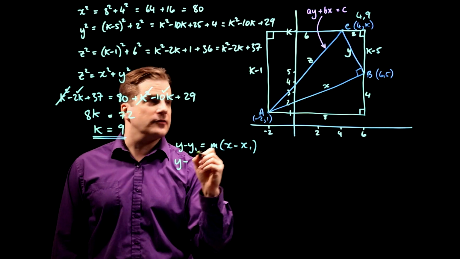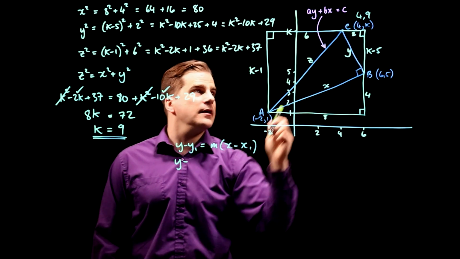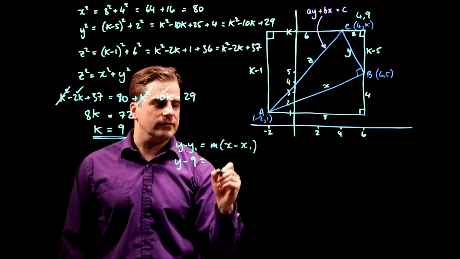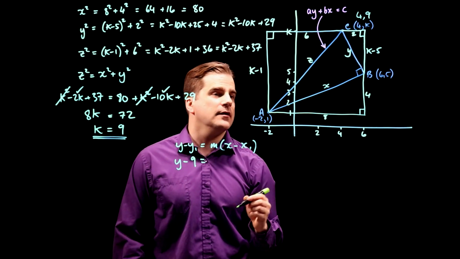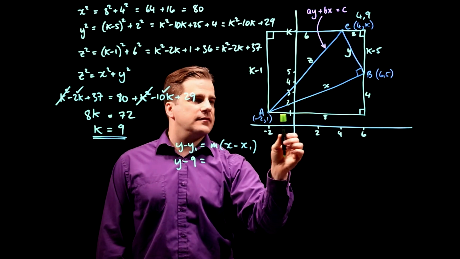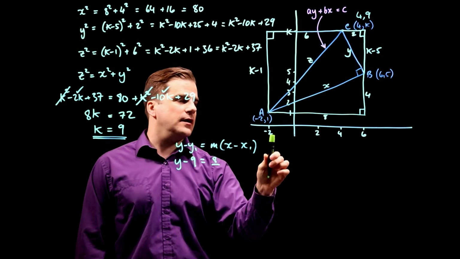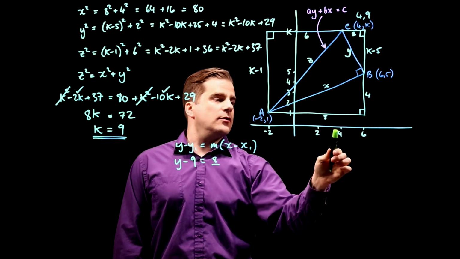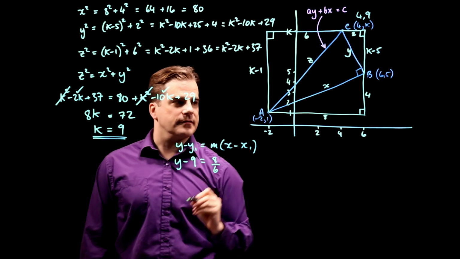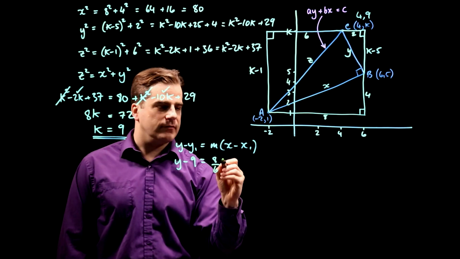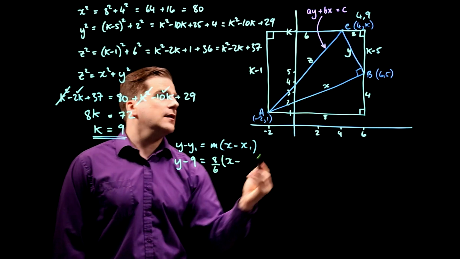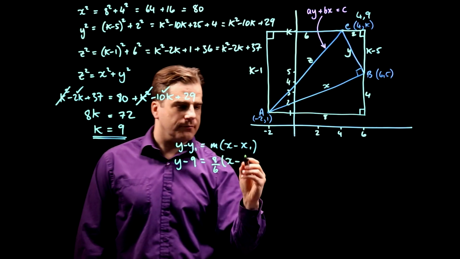So y minus y1 is 9. What's the gradient of this line? Rise over run. The rise is from 1 to 9, which is 8. And the run is from minus 2 to 4, so that's 6. So that's m times x minus x1 is 4.